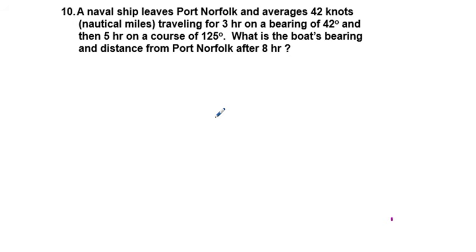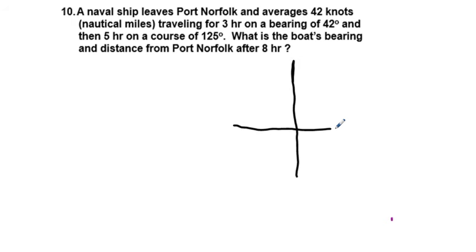Now, I'm not going to directly do problem 10 completely, but just kind of explain what's happening. We have bearings. Now, these are probably azimuth bearings, but we're going to pretend like we're on a coordinate plane. And to do that, I'm just going to make a sketch like this.